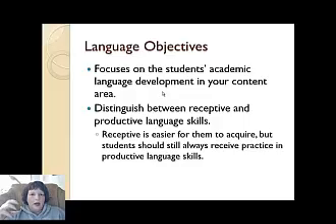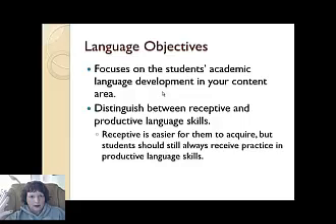So when you're thinking about your language objectives, think about the 4 language skills being reading, writing, listening, and speaking. Okay, so you may not do all 4 in one lesson, but they're going to have to do one of those 4 during your class at least, if not all 4 or a couple of them.